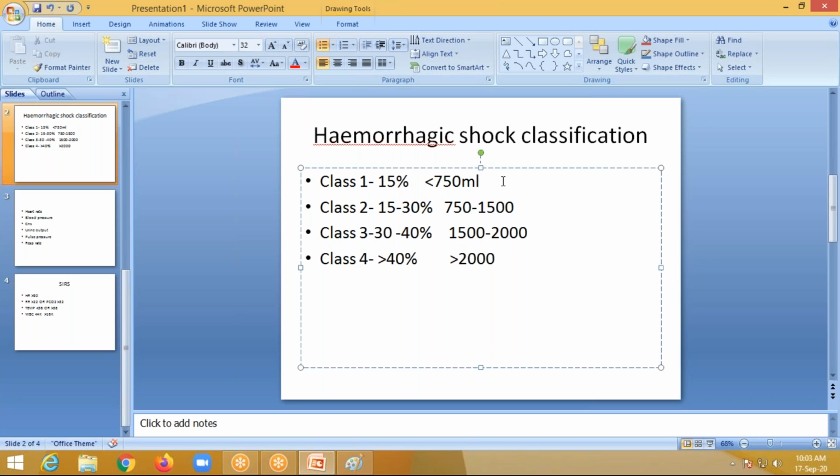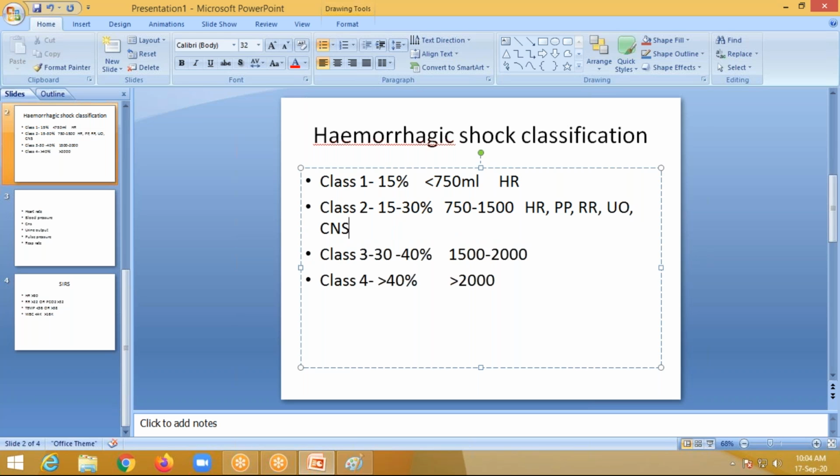In class 2, heart rate will increase, but BP will not decrease, but pulse pressure will decrease, respiratory rate will increase, a mild decrease in urine output will be there, and mild anxiety will start.